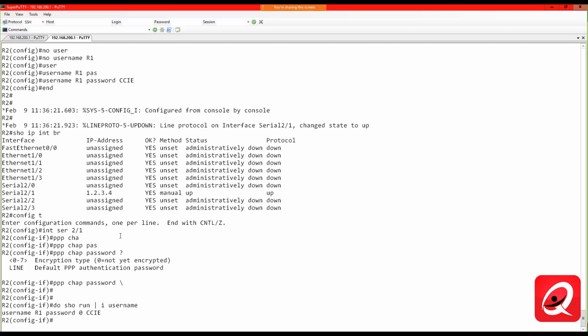It's certainly more practical if you're just authenticating one side to go ahead and set the password on the interface. But if you're trying to do mutual authentication, it's more appropriate to authenticate on both sides of the link, on a per peer basis. All right, does that make sense?